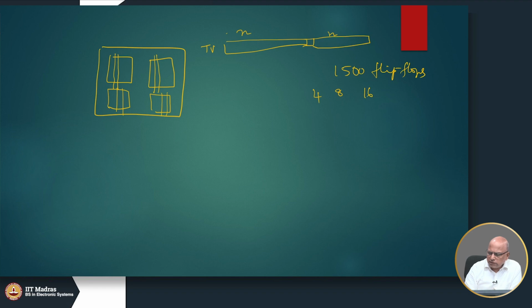So, we try to balance them as far as possible. In this example, we can't exactly balance, because 1500 is not divisible by 16. So, we may have some slightly longer scan chains, but we try to balance the lengths of the scan chains.